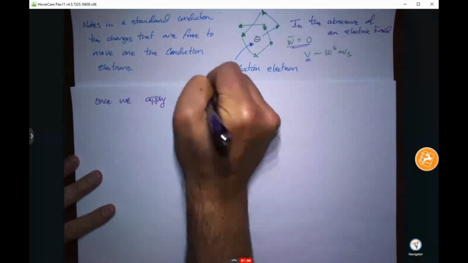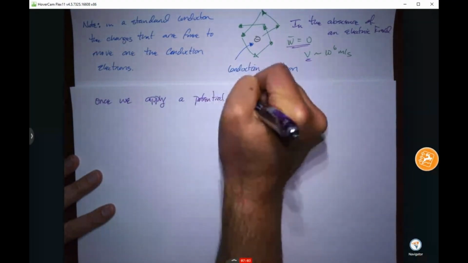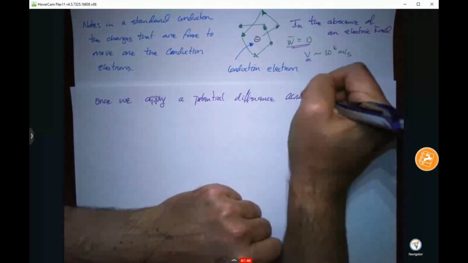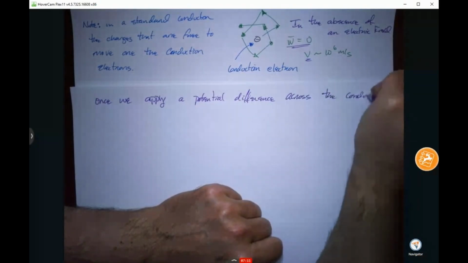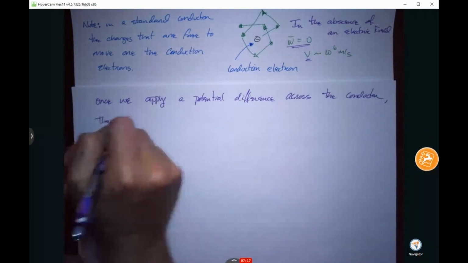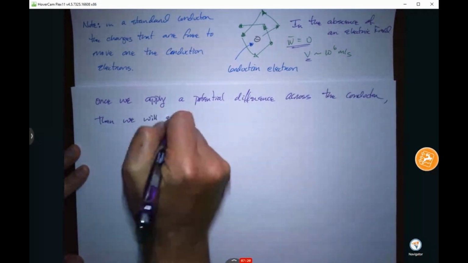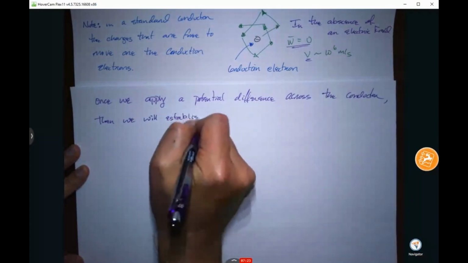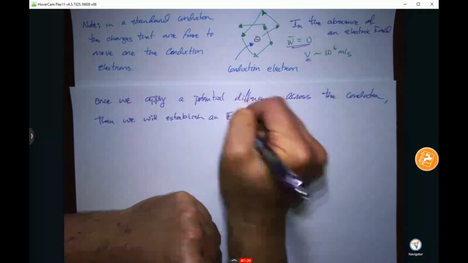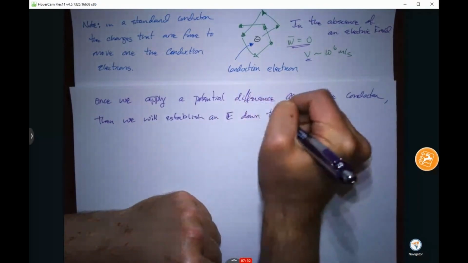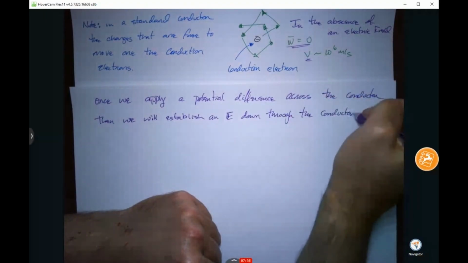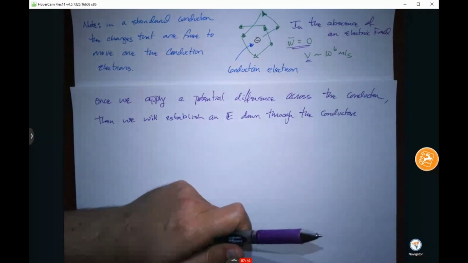So once we apply a potential difference across the conductor, then we will establish an electric field down through the conductor.